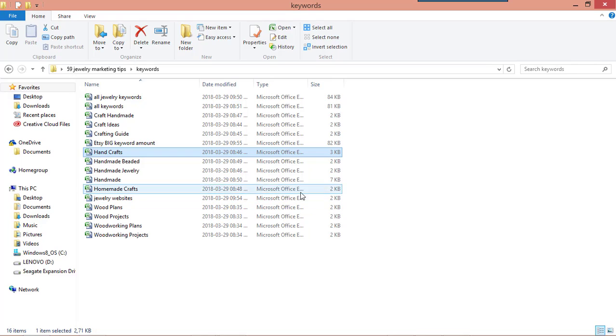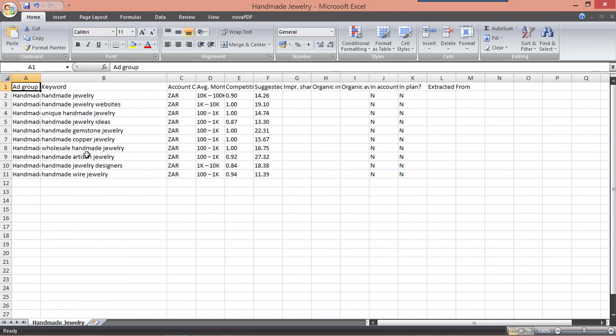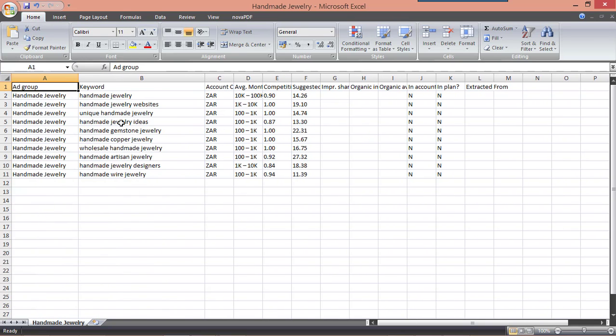So let's go and look at some of the ones where, if you were making jewelry, you could sell. So let's say handmade jewelry. Now, I'm going to target people that do handmade jewelry, but they need a business. Just like I'm promoting to you to get a website, I want to promote to people that do handmade jewelry, gemstone jewelry.